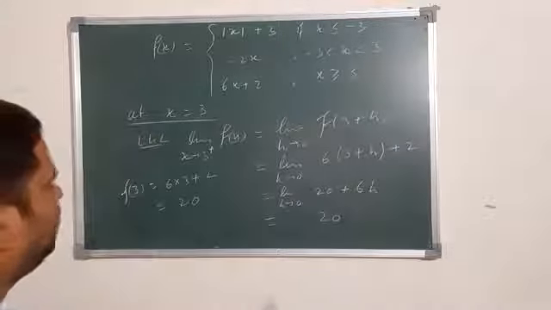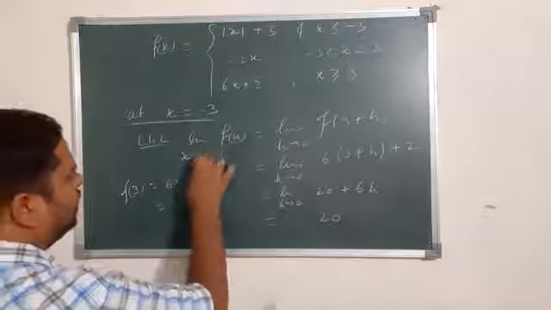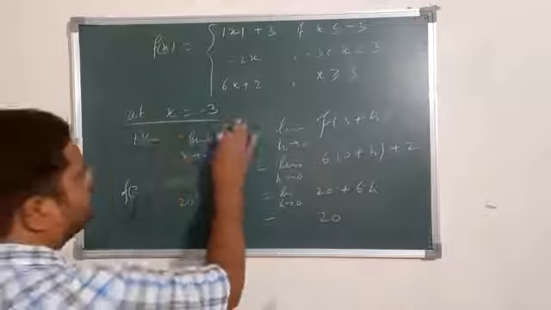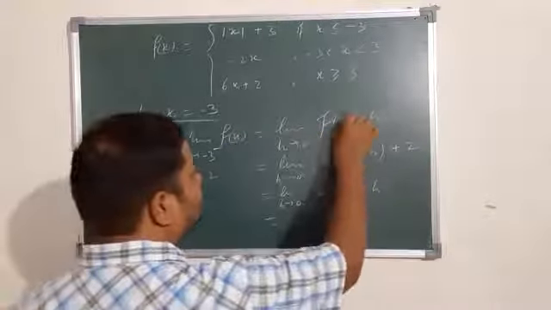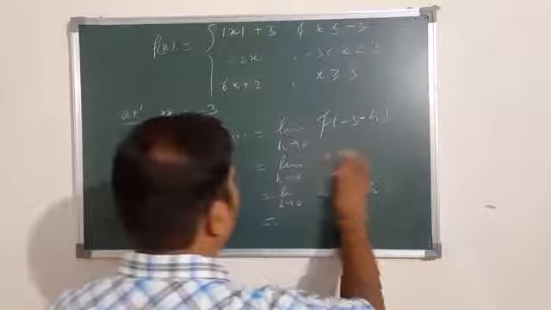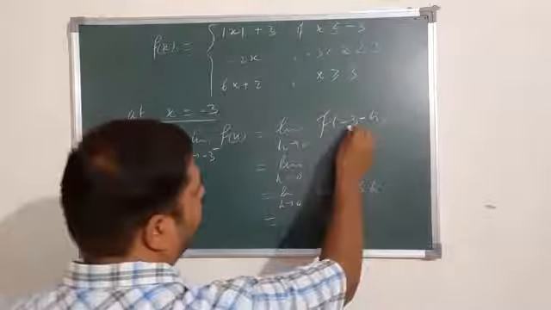So first of all we find at x = -3. This is the LHL at -3, that is -3 - h.